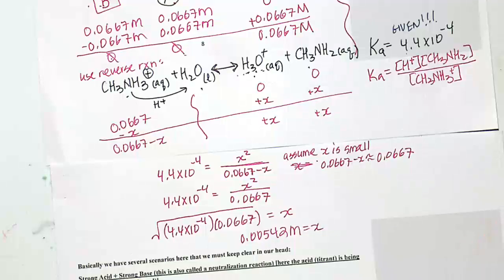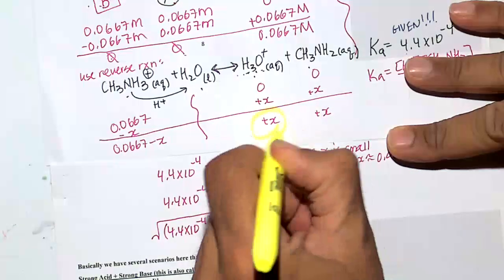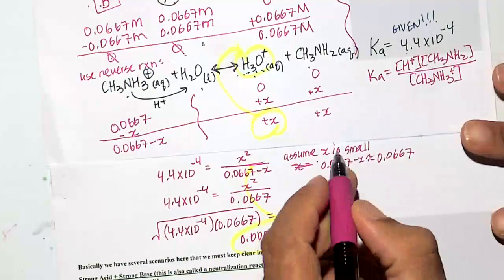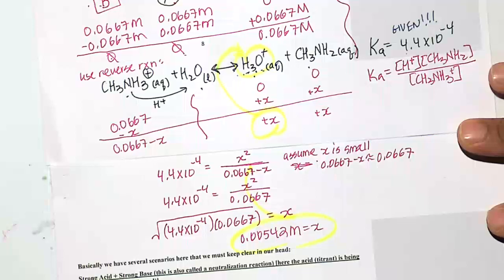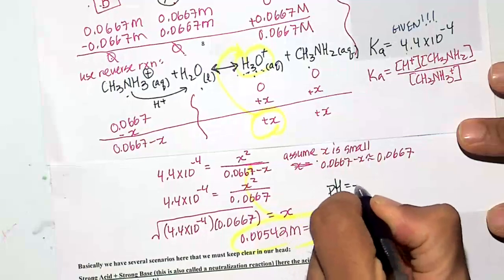Okay, that's x, but what does this x really mean? This x is actually the concentration of H3O plus. So we can calculate the pH now, because we know pH is equal to minus the log of H plus concentration.